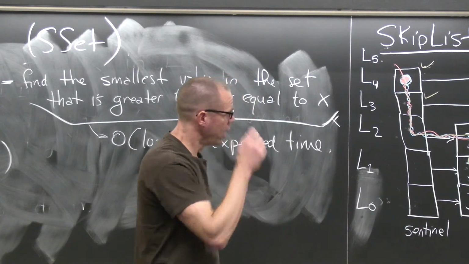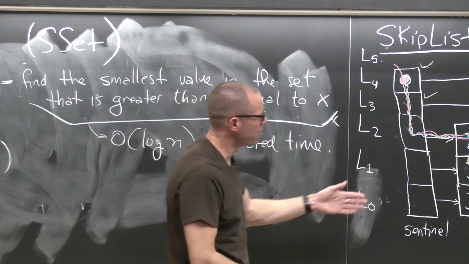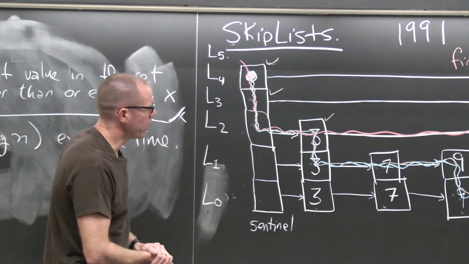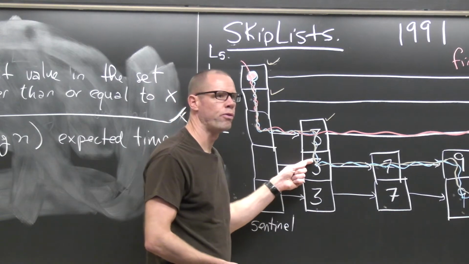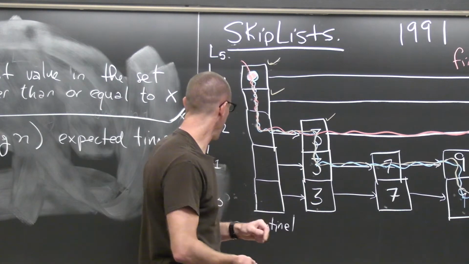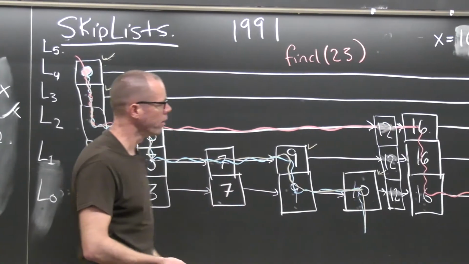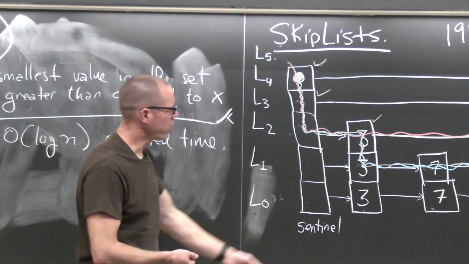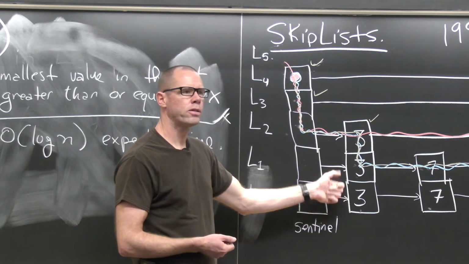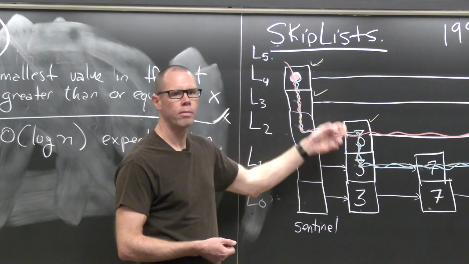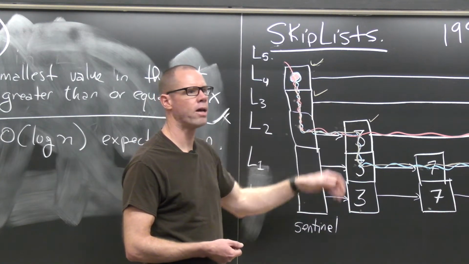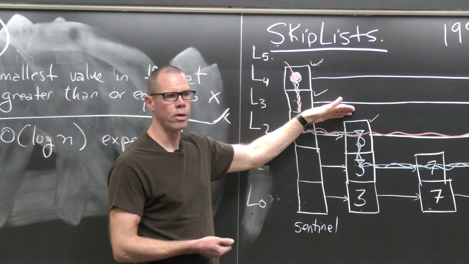So for example, I said we start at this bottom list and we toss a coin for 3, and that tells us if it goes up into L1, and we toss a coin for 7, that tells us if it goes up. So that's one way to do it. Alternatively, we could have started at 3 and just kept tossing coins, heads, heads, heads, until we get the first tails, and say, good, that's where 3 goes.